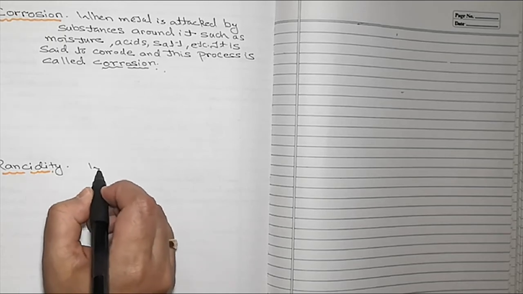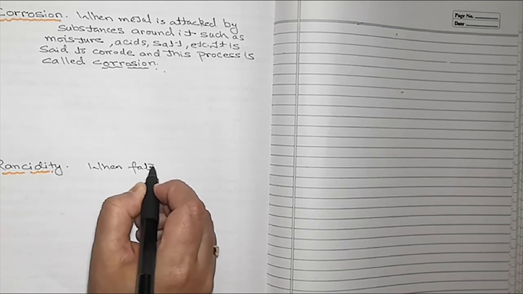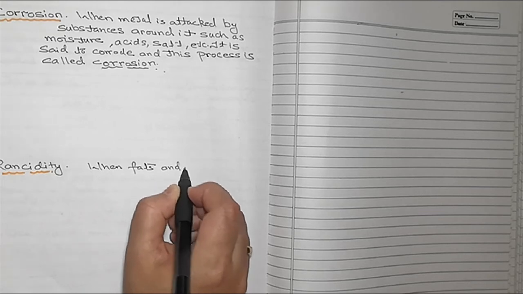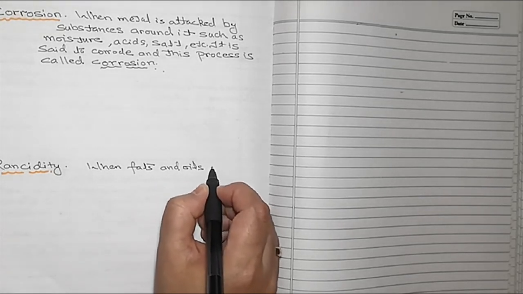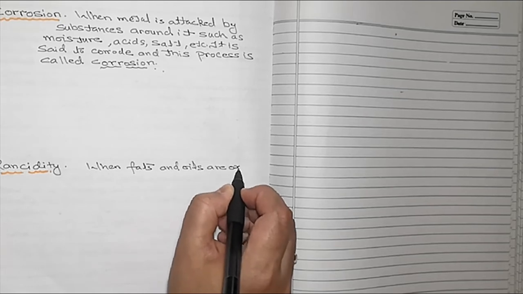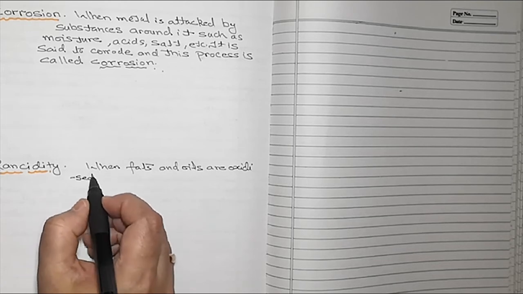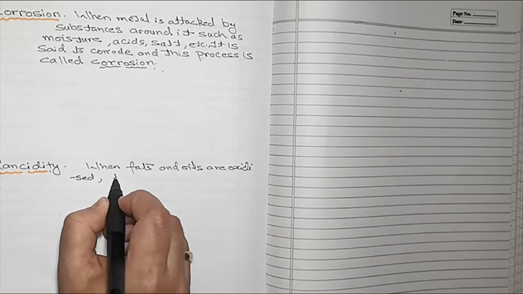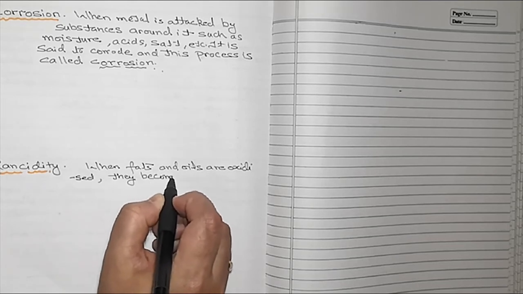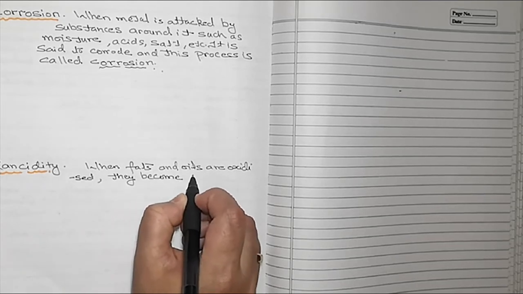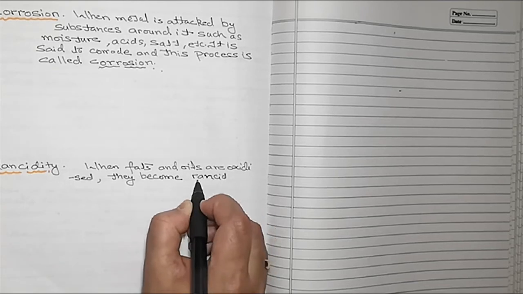So when fats and oils are oxidized, they become rancid.